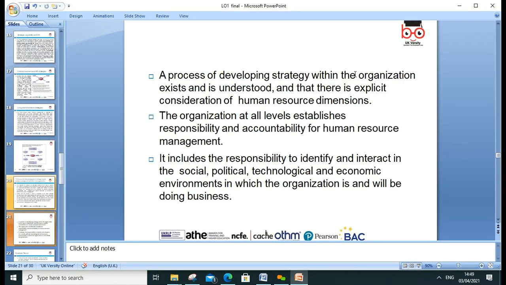A process of developing strategy within the organization exists and is understood, with explicit consideration of the resource dimension. So the organization at all levels establishes responsibility and accountability. A couple of you may have heard about responsibility accounting.